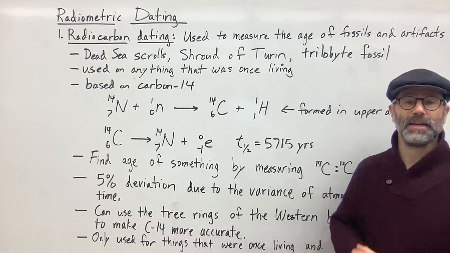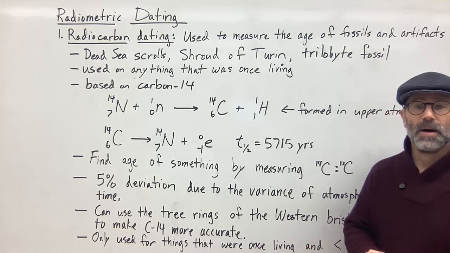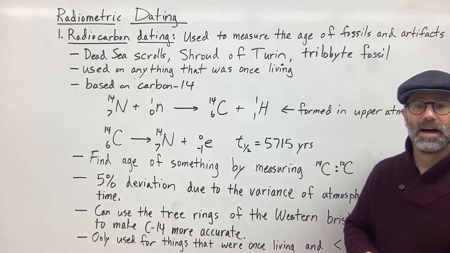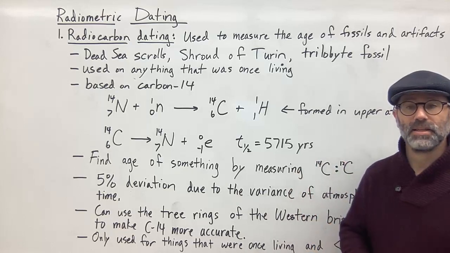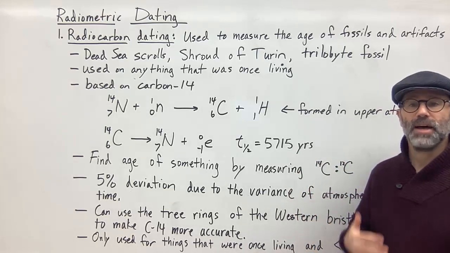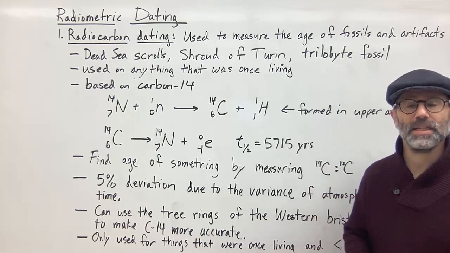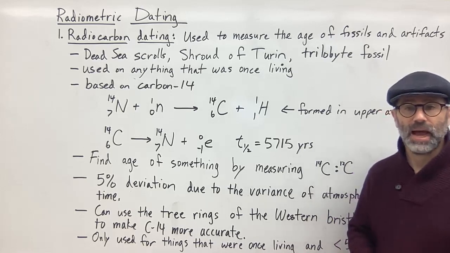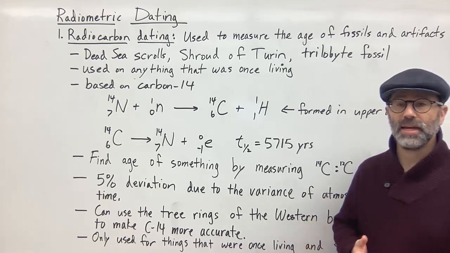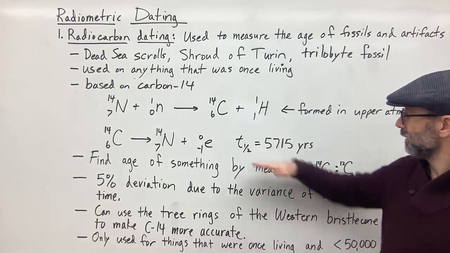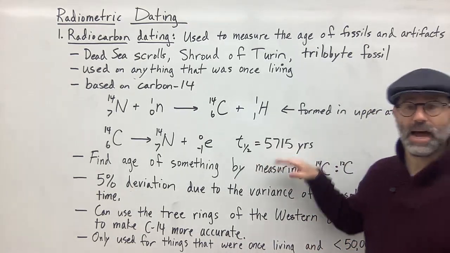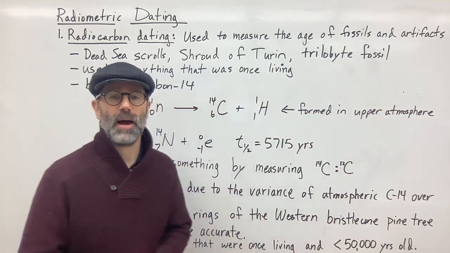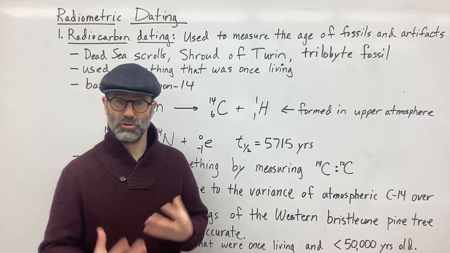And let's say I find that there is 25% of the carbon 14 in the manuscript that I find in the atmosphere. So I have 75% less of the carbon 14 in my manuscript compared to that which is in the atmosphere. And so if that's 25%, and I know the half-life is this, then I know that the definition of a half-life is the amount of time it takes for half of your original amount to decay.